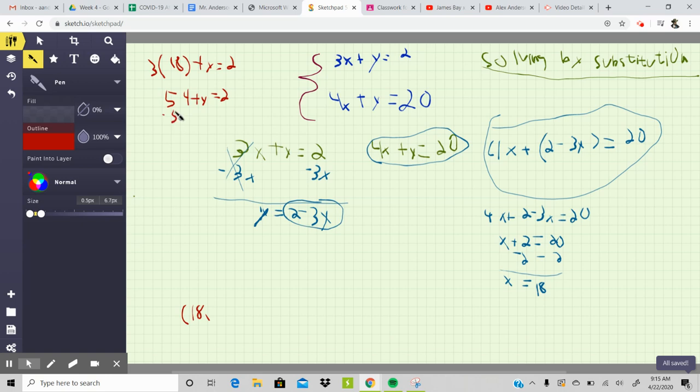Subtract 54 from both sides. And then you get y is equal to negative 52.